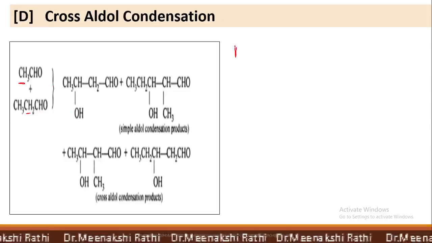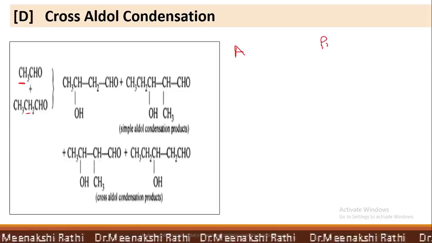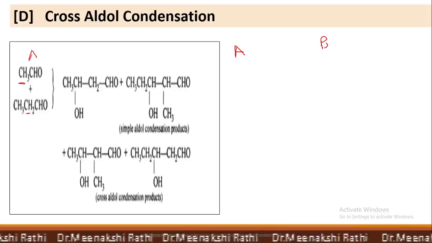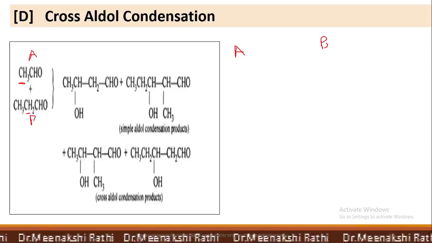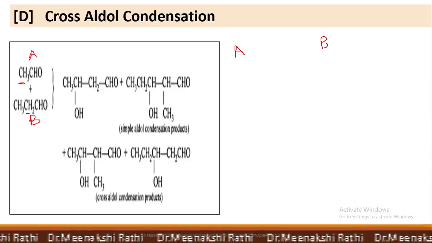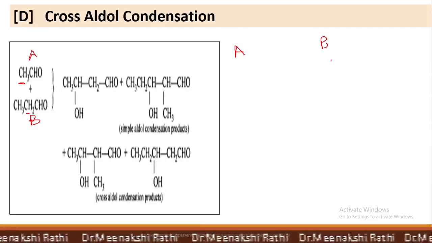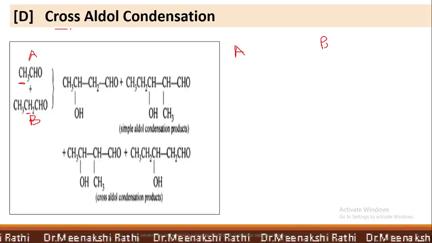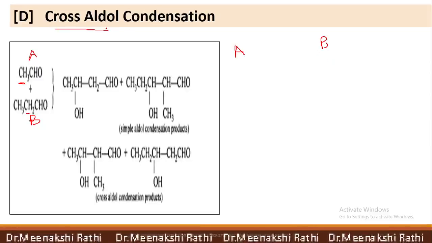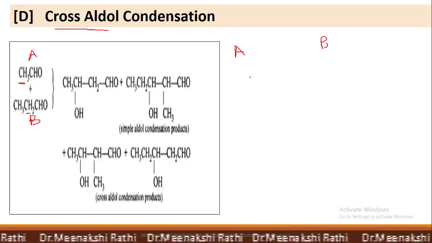That means, suppose this is A molecule and this is B molecule. Both are capable of undergoing aldol condensation. When these two undergo aldol condensation, that is called cross aldol condensation because both are different. In this case, we get 4 products.